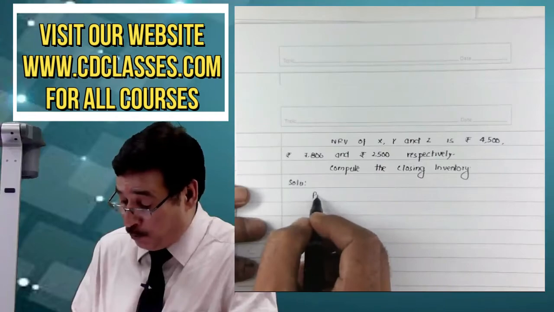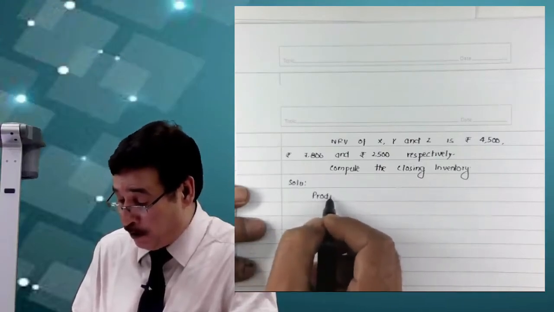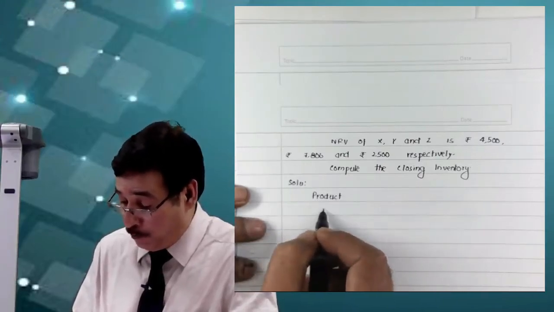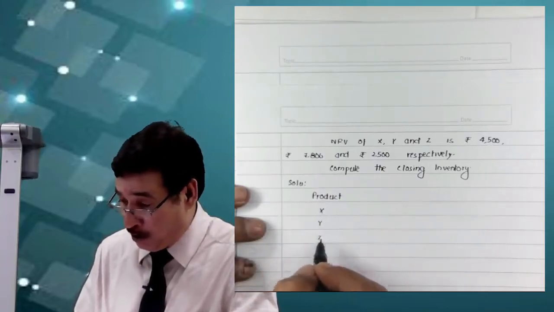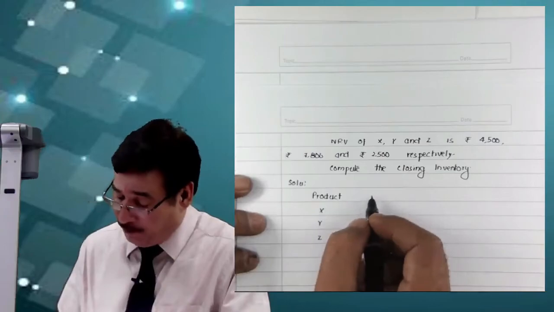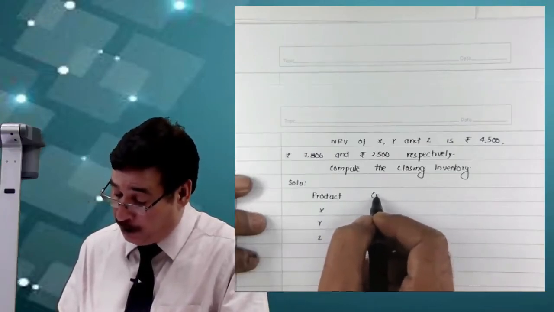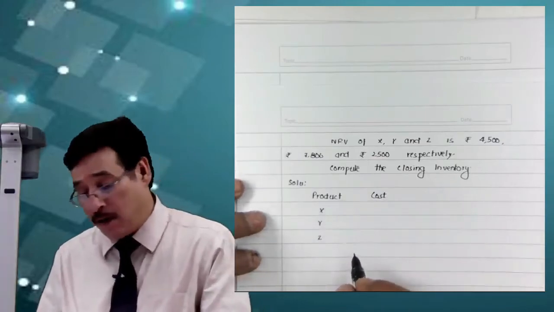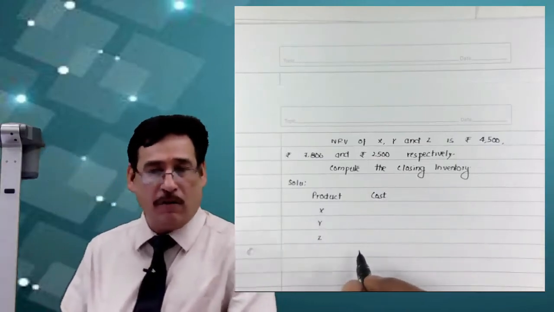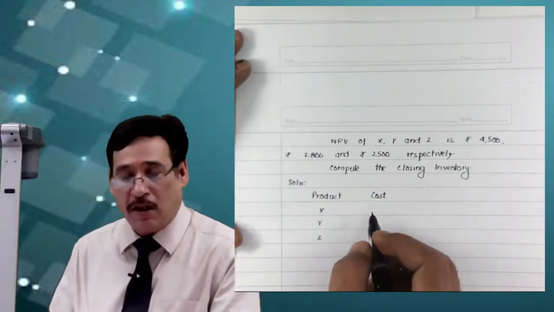First, let me put up a chart. Product, 3 products are being manufactured, X, Y and Z. It is given that at the end of the year, some of the units of these products might have remained, but what is given to us is not the units, but their amount.